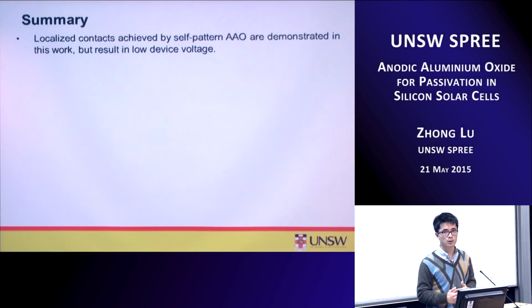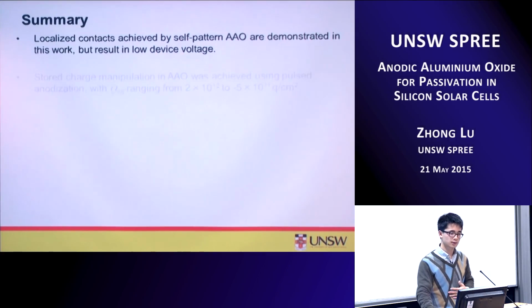But the problem is that we have very low cell efficiency due to the very low implied VOC, or open circuit voltage, at the final device. Based on our investigation, it comes from the shallow BSF as well as the wrong polarity of store charge.